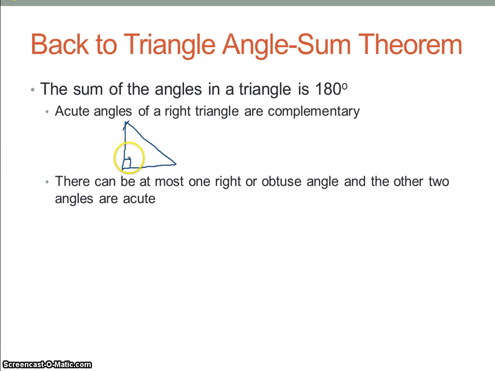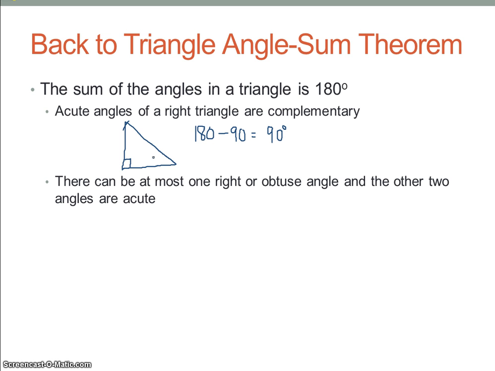So if we know all 3 of those angles have to add to 180, if we subtract that 90 degree right angle, we're left with 90 degrees. So that means that our other 2 angles have to equal 90 degrees, which makes them complementary.